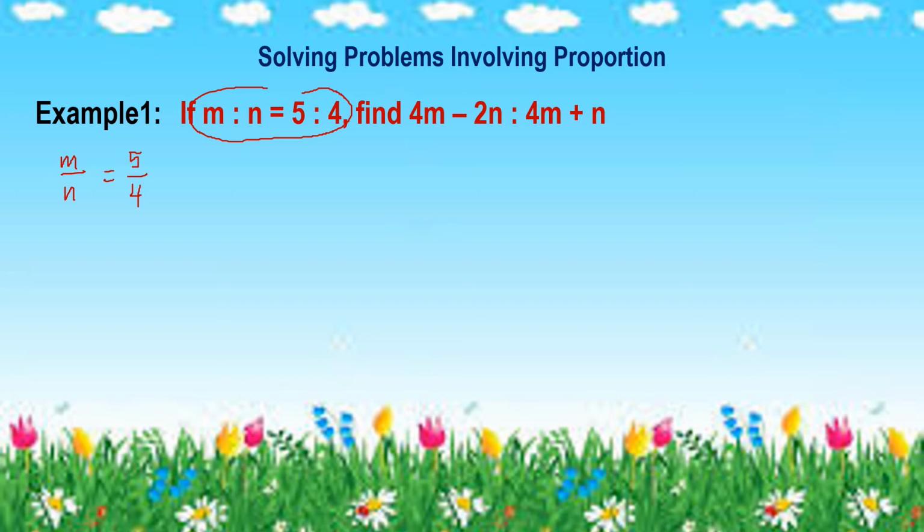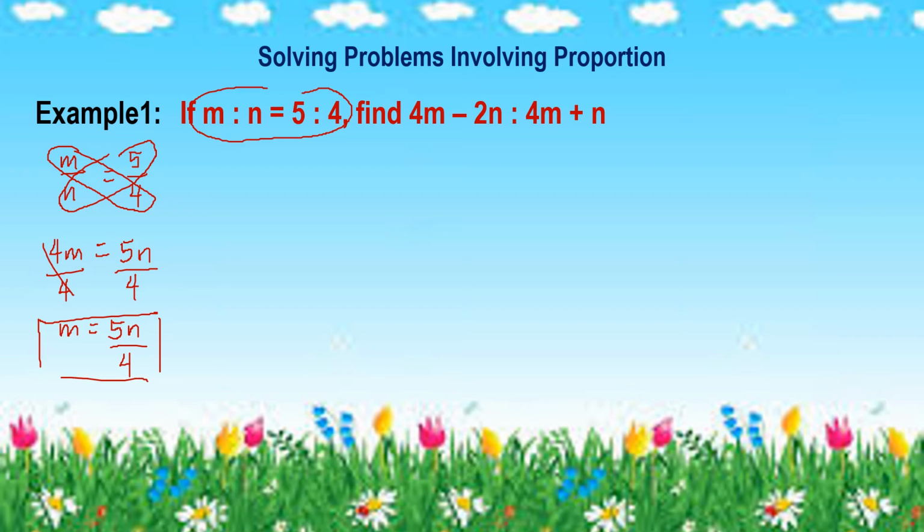By cross product property, we have 4m is equal to 5n. If we solve for the value of m, divide both sides by 4. Therefore, m is equal to 5n over 4.